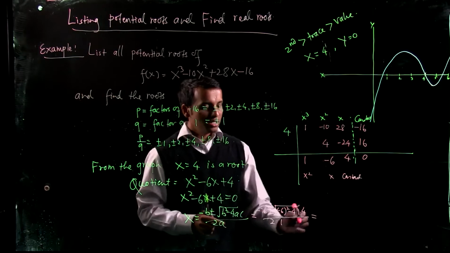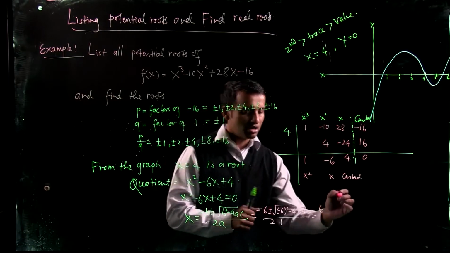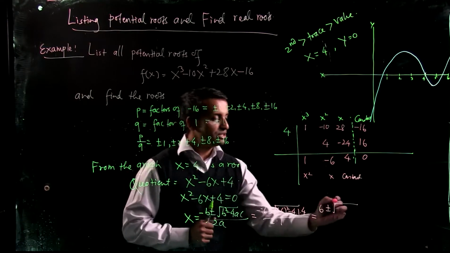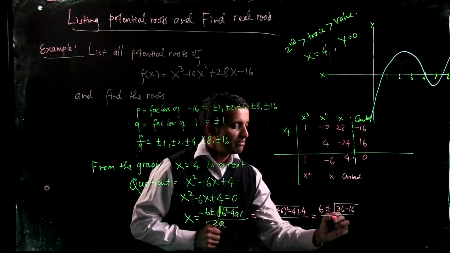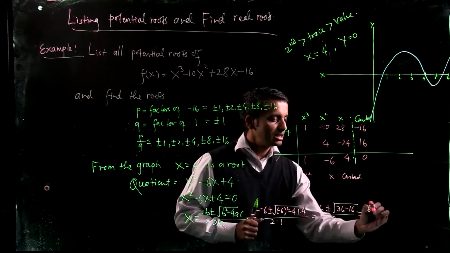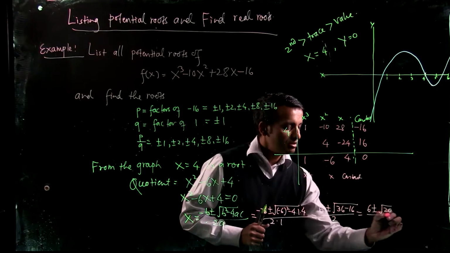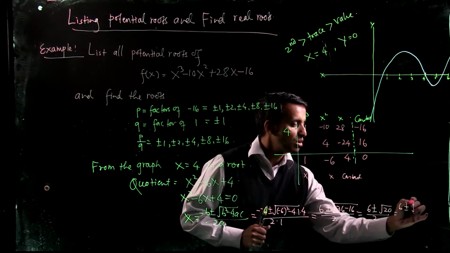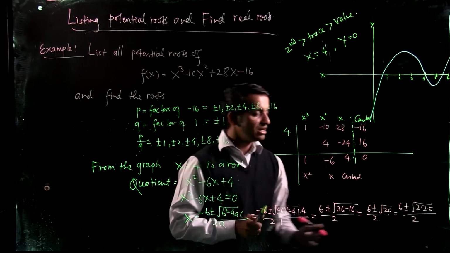What do you get? You get 6, because negative of negative 6 is positive 6, and then plus or minus the square root of negative 6 squared, which is 36, minus 16, divided by 2, right? So you get 6 plus or minus the square root of 20, divided by 2. Basically the square root of 20 is the square root of 2 times 2 times 5, those are the factors of 20, right?